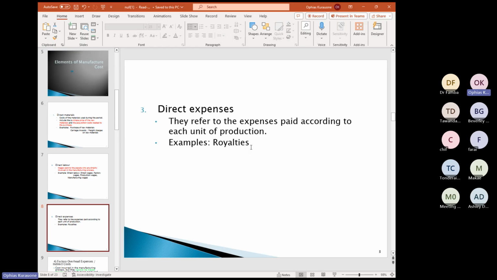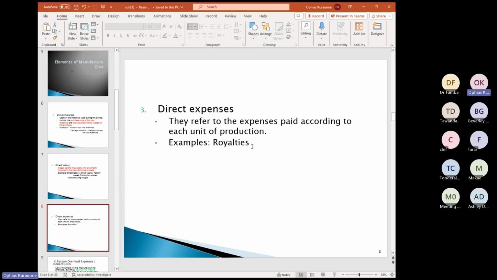The Coca-Cola of Zimbabwe will pay a certain amount to the head office for using the royalties of Coca-Cola. Sometimes they are also using ingredients which were supplied by the mother company.